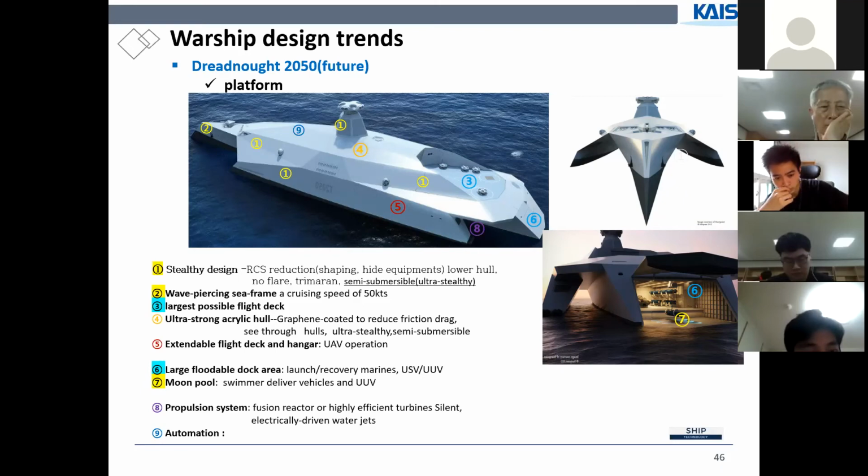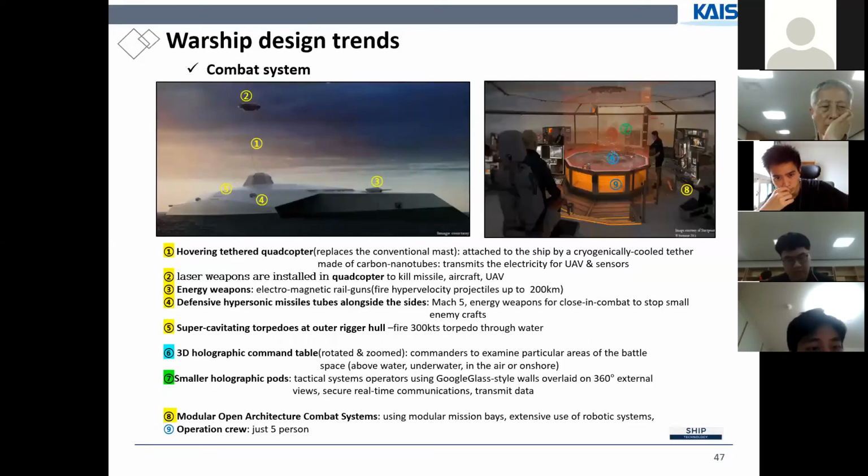Let me show another combat system. Very interesting. You see this is a hovering tethered quadcopter. This line is carbon nanotubes, transmitting very high voltage electricity for use of the UAV and sensors.